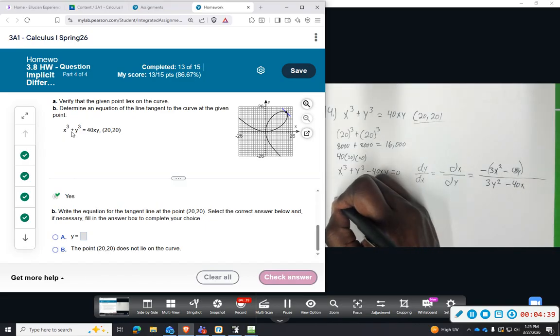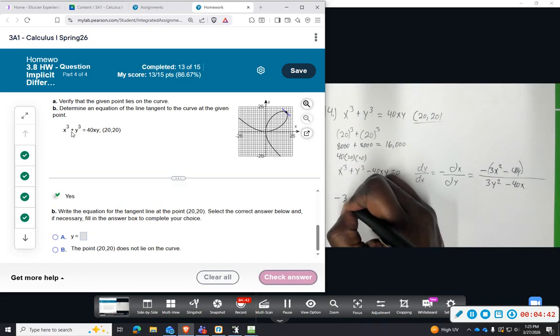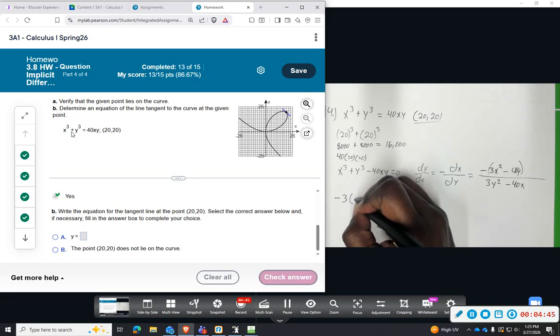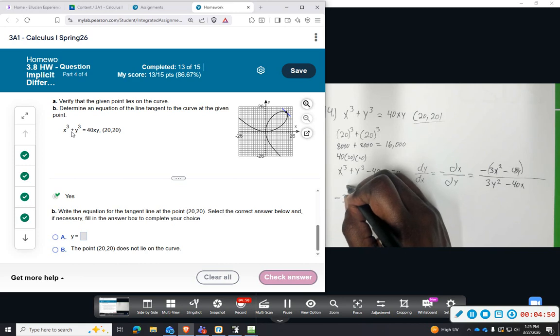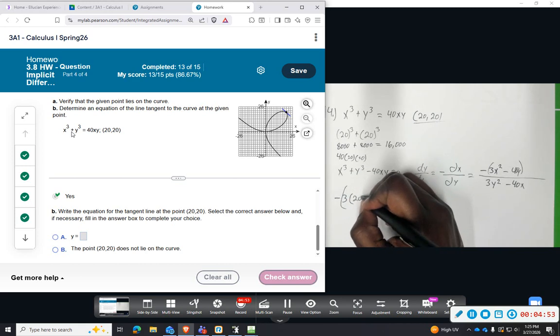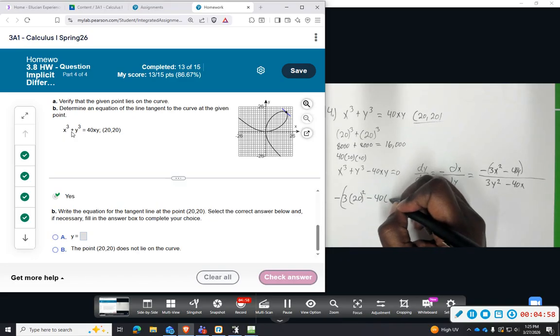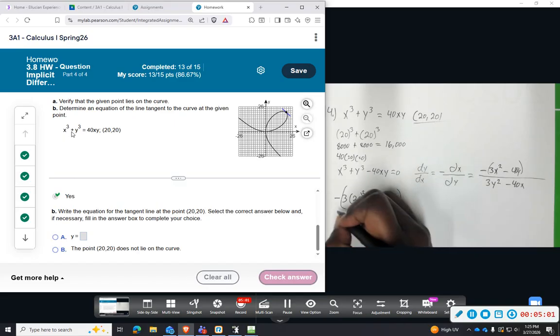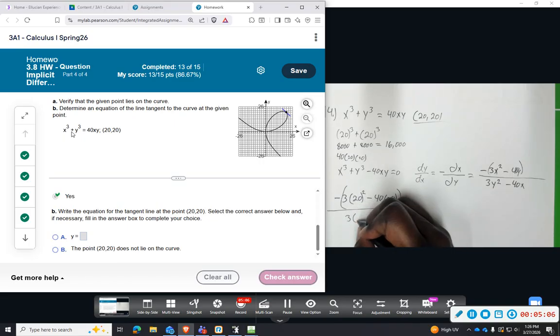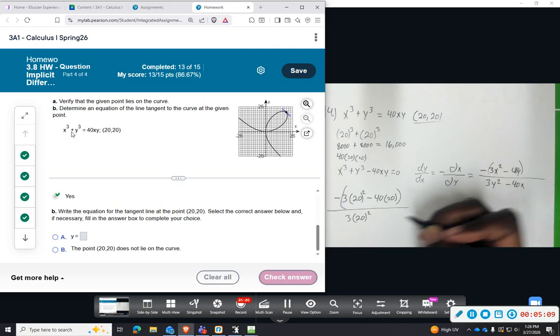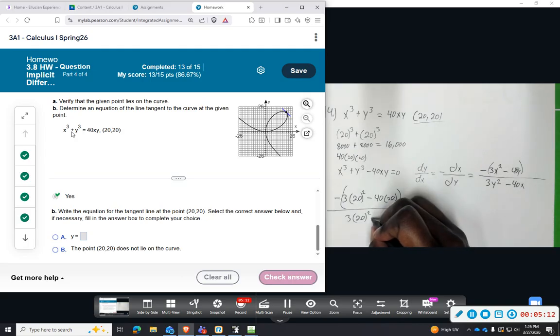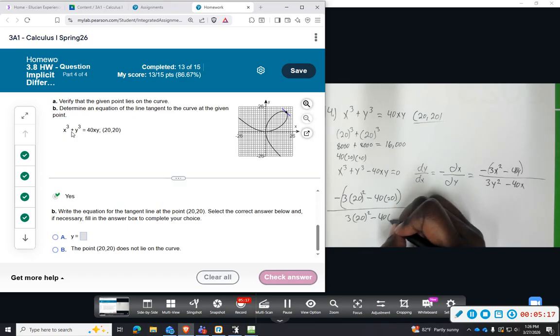So we get negative 3 times 20 squared minus 40 times 20, over 3 times 20 squared minus 40 times 20.